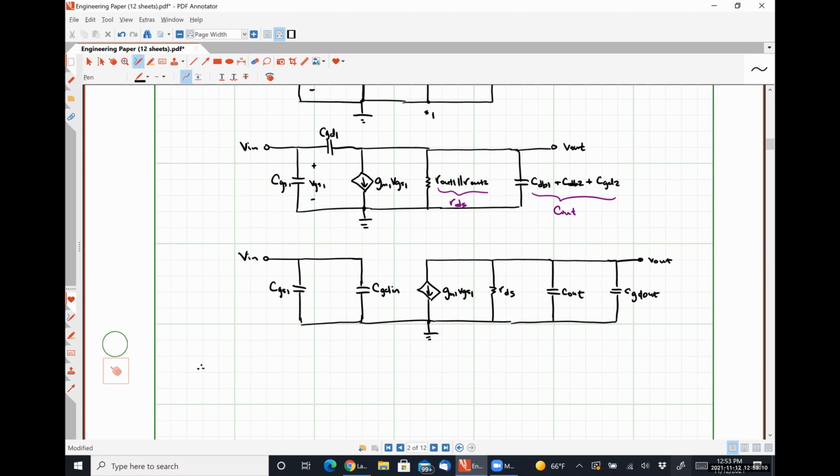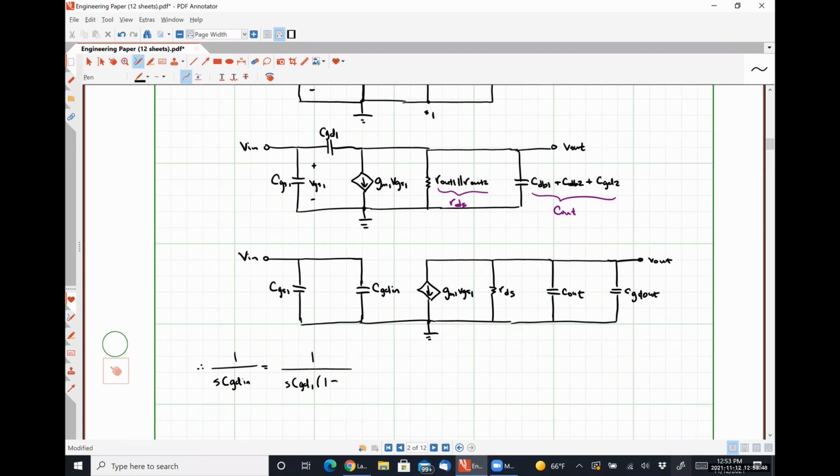Using Miller's theorem, the impedance that we see at the input side, 1 over S CGD in, will be 1 over S CGD1 times 1 minus the gain. This is a common source amplifier, and so in this case the gain will simply be negative GM times what I have described as RDS.